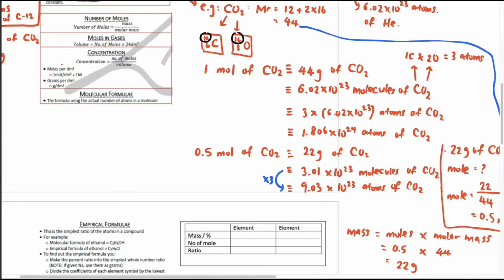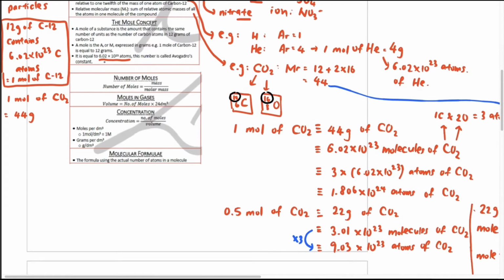Okay. Now, the other thing is, it is not written here, but we can easily figure it out accordingly. If you know 1 mole contains 6.02 times 10 to the power of 23 particles, then we can just create a formula which is similar to this. If you want to find out the number of mole, just now it's mass over molar mass.